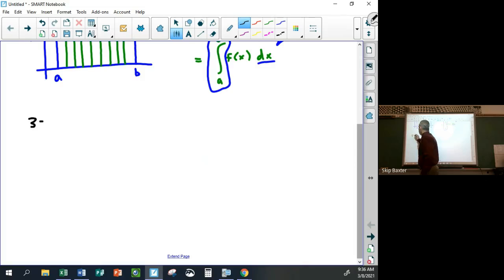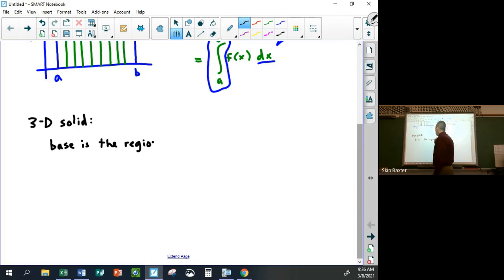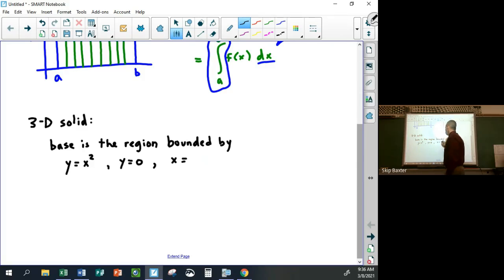Okay, so suppose you have a 3D solid where, let's suppose, the base is the region bounded by y equals x squared, y equals 0, and x equals 4.